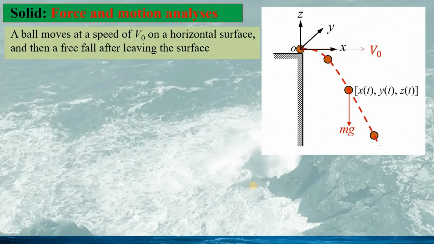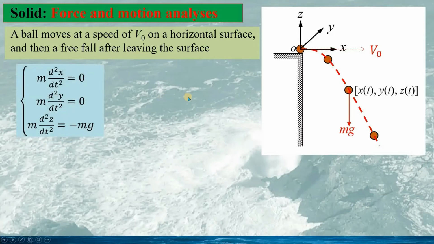Here, the example is for a ball which had the velocity v0 on the horizontal surface, and then the ball would have a free fall after leaving the surface. To solve the problem, we can assume the coordinates as this, and we take t equaling 0 at the ball leaving the horizontal surface. Thus, the dynamic equation would be given as this.